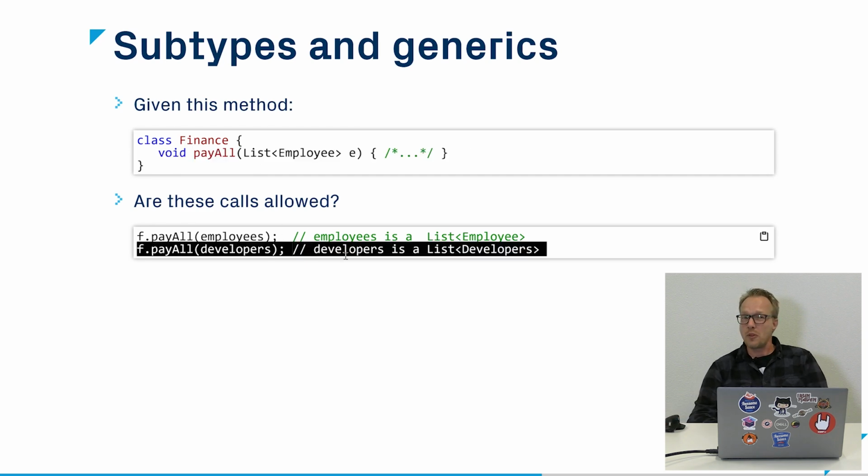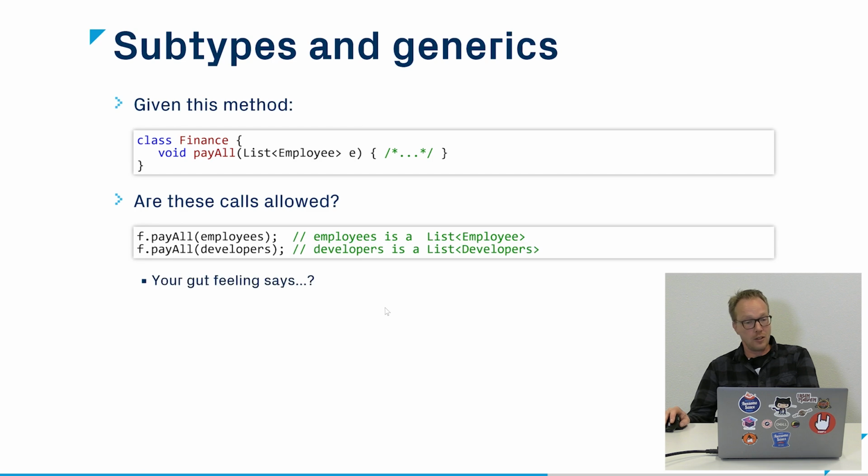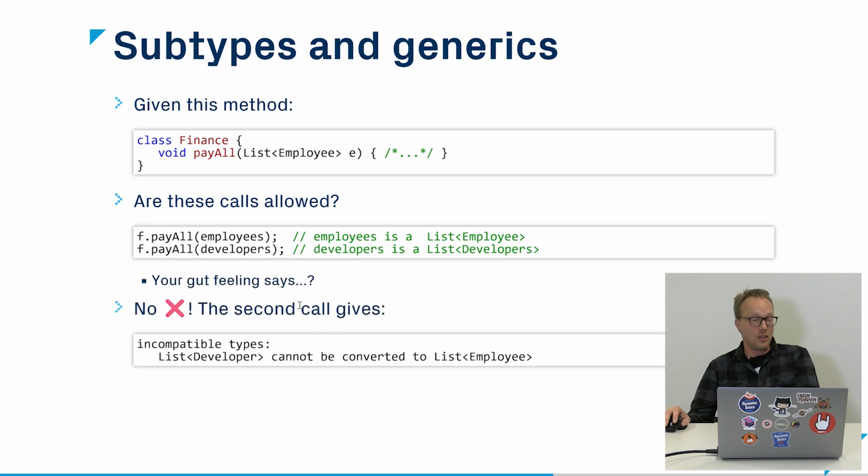Well, most people think so, because they think, well, developer is an employee, so a list of developer is a list of employees. But you're absolutely right. Your gut feeling says it is allowed, but it's not allowed, unfortunately. Well, fortunately it isn't allowed.